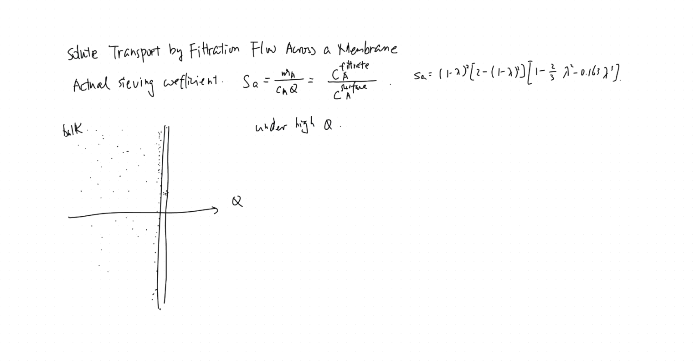On the high Q side, we would have a layer of retained solutes built up near the surface on the feed side of the membrane.